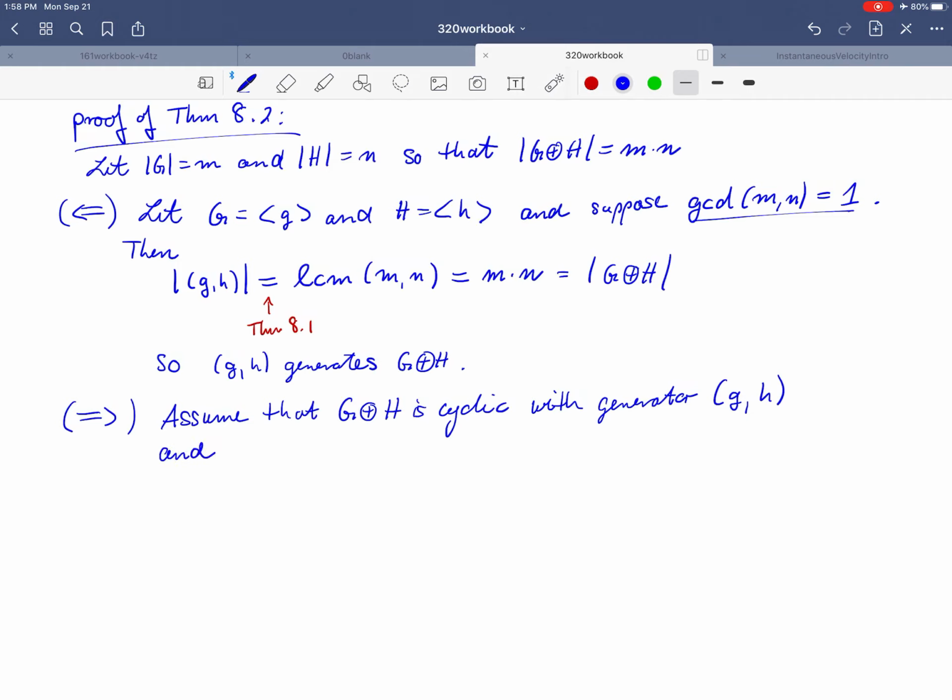And we don't know yet what the GCD of the order of G with H is. So let's give it a name. Let's say D is going to be the name of our GCD of M with N. And to prove our theorem, what we need to show here is that D, the GCD, is 1.